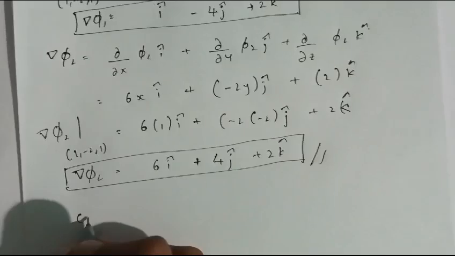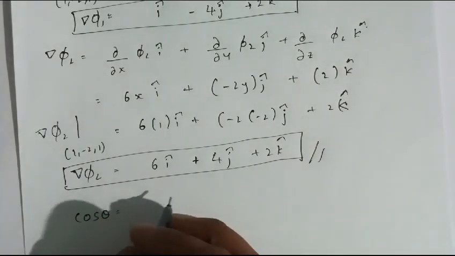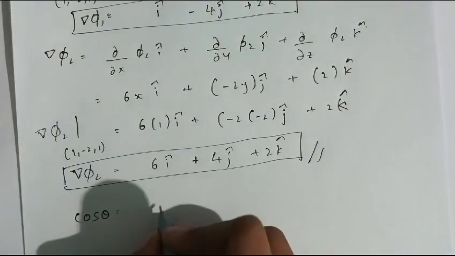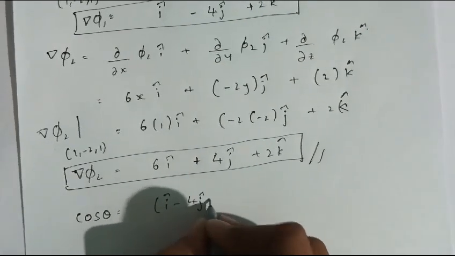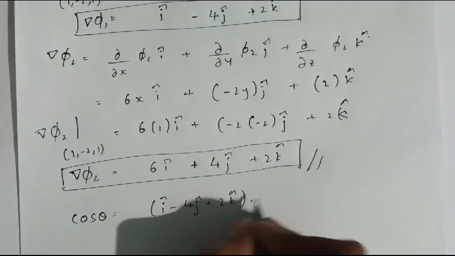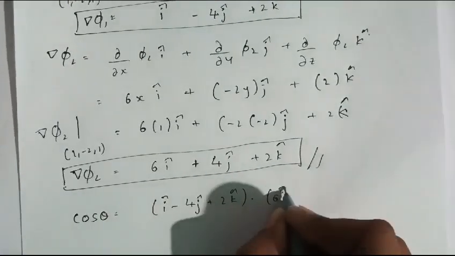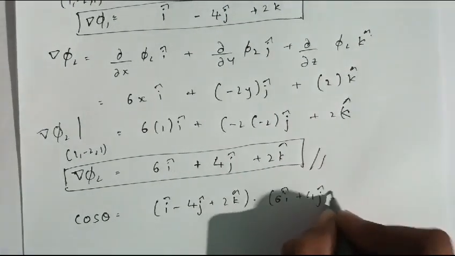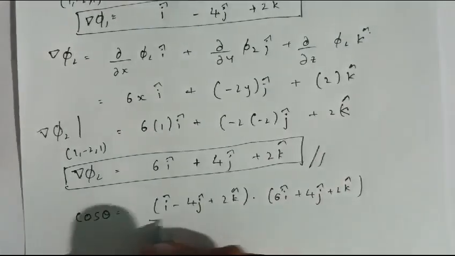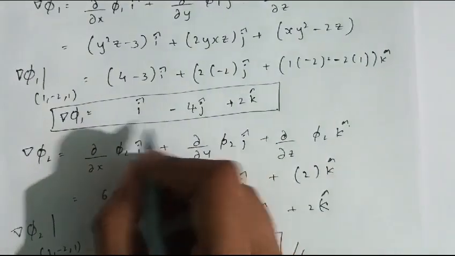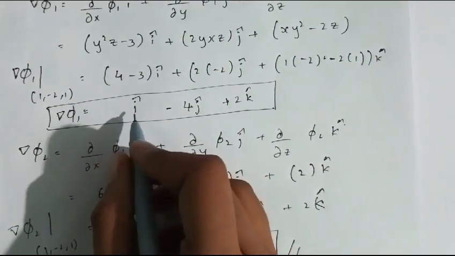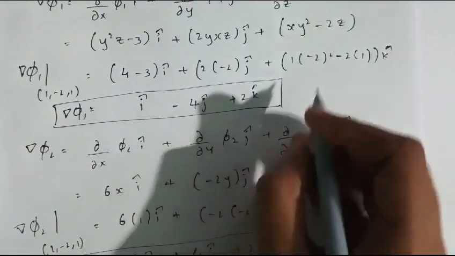Now consider cos theta is equal to del phi 1, which is i cap minus 4 j cap plus 2 k cap, dot product with 6 i cap plus 4 j cap plus 2 k cap. Then we need to find the magnitudes of del phi 1 and del phi 2. To find them, we square the coefficients of i, j, k respectively.